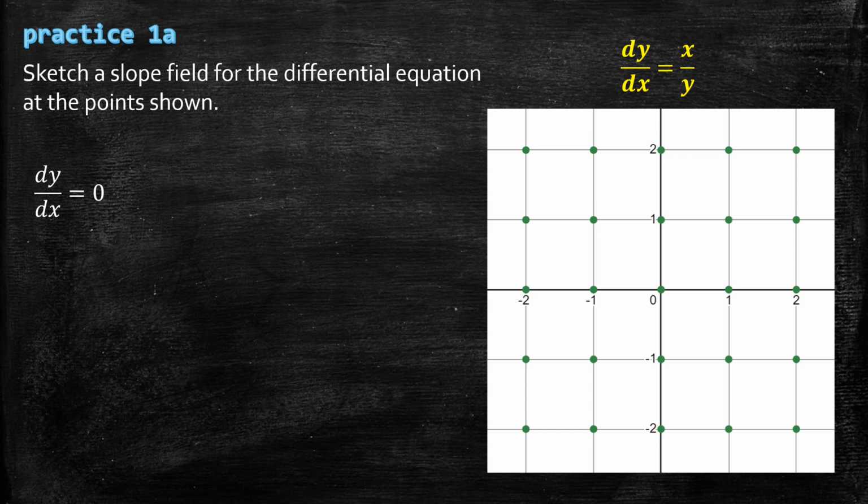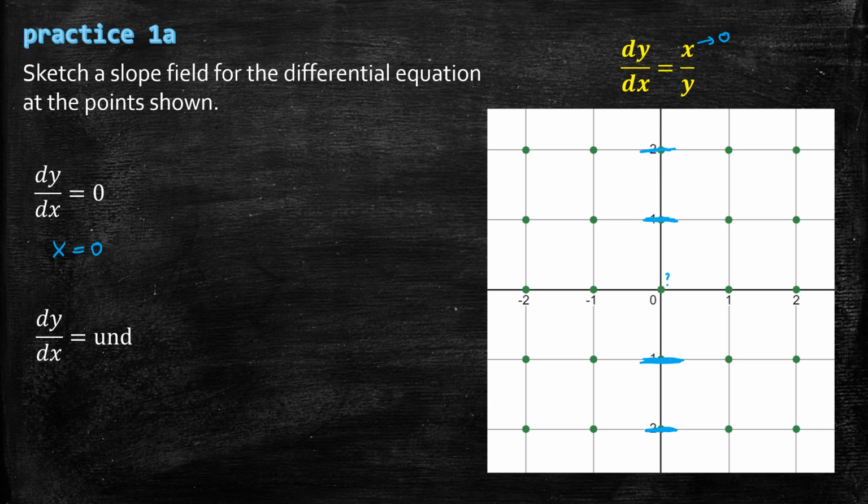So dy/dx will equal 0 whenever the numerator is equal to 0, i.e. whenever x is equal to 0, which is along the y-axis. So we can put in some horizontal tangent lines right there. Now I am skipping the origin, because 0 over 0 is indeterminate, so I don't know what is going on exactly here, so I'm steering away from that.